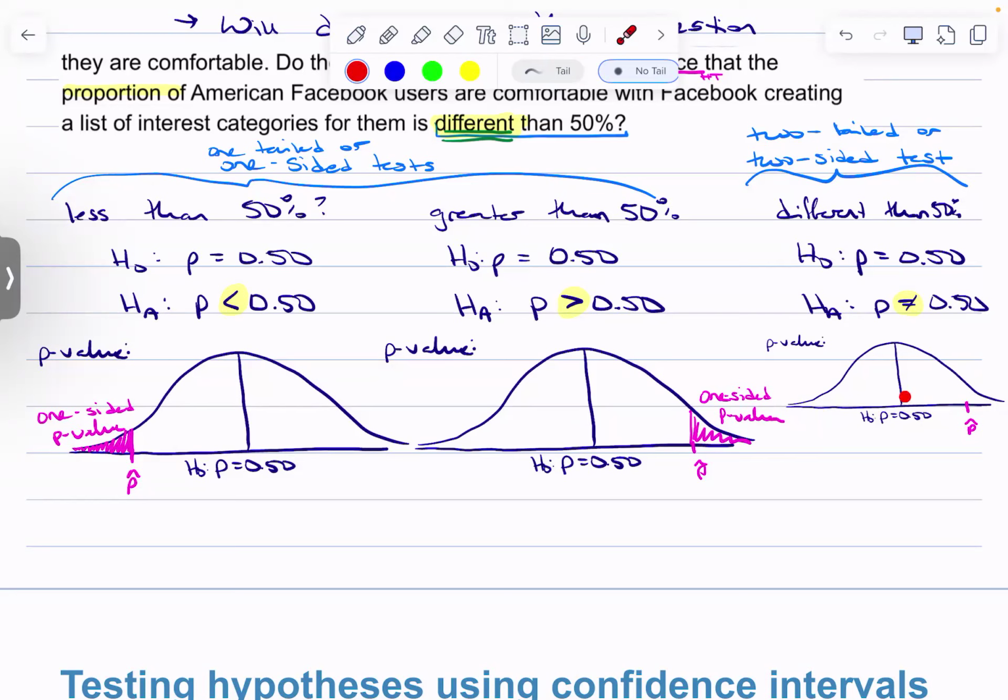But then all we do is we say, okay, well, I would be just as concerned if that happened in the other tail as well, right? And so then I take this area and I multiply it by 2, just like we did earlier. So finding your p-value depends on the alternative hypothesis, but like I was saying, there's such a huge long disconnect between the two that that's hard for people to keep track of, right? But it's there.